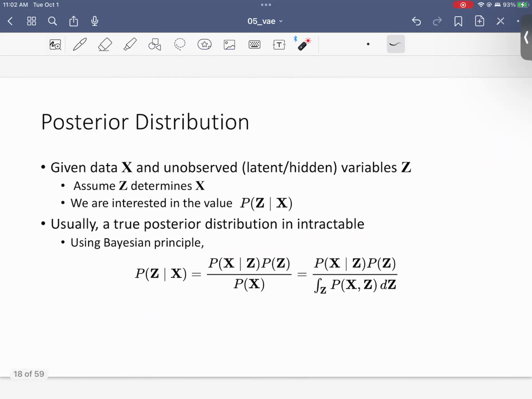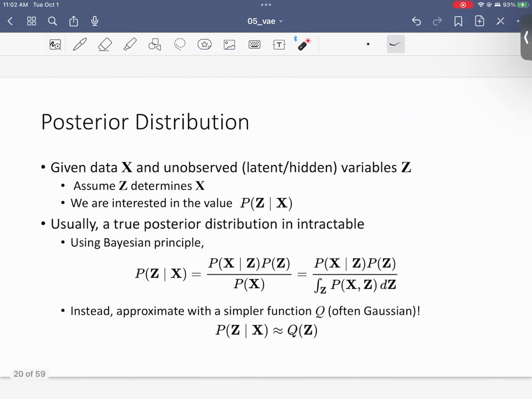So we start with this, and because this is often combinatorially large, or even infinite, for example, if we're talking about a continuous variable, this integration is the problem.